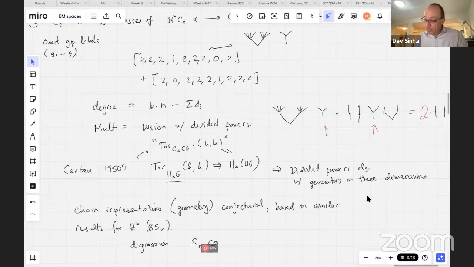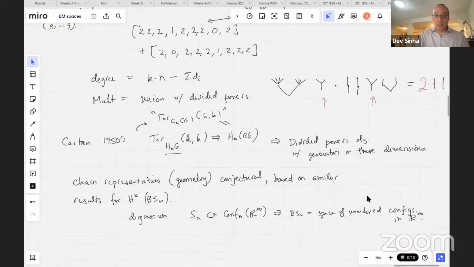S_n acts on the space of n points in R infinity by permuting labels. But n points in R infinity, you calculate the homology of these configuration spaces, and they start in degree n-1. So this has no homology, no fundamental group, so it's contractible. So this implies that BS_n is the space of unordered configurations in R infinity, unlabeled collections of points.